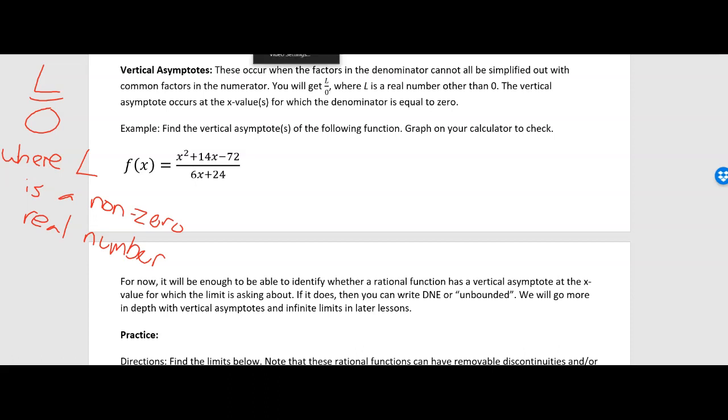We still have to figure out where it is, but we know that it will occur. It's actually going to occur at the x value that made the denominator equal to 0.